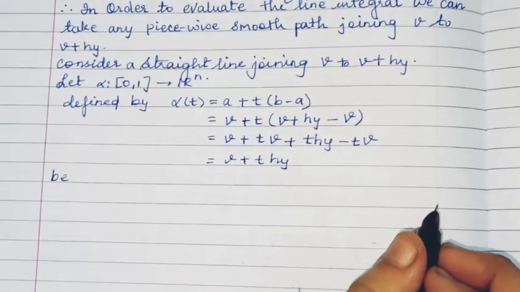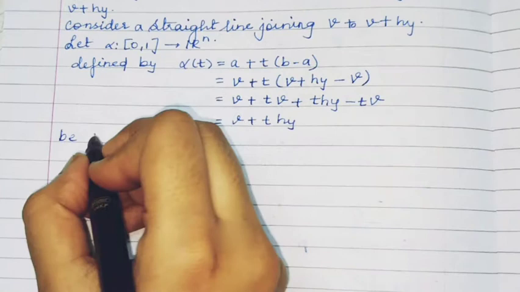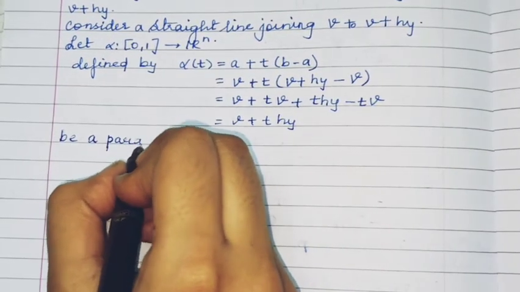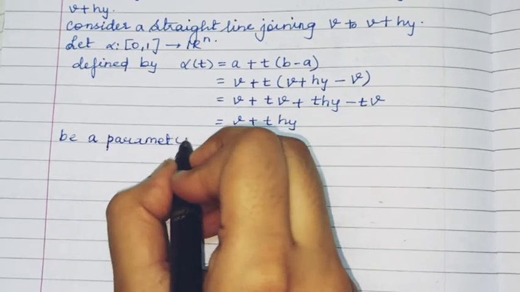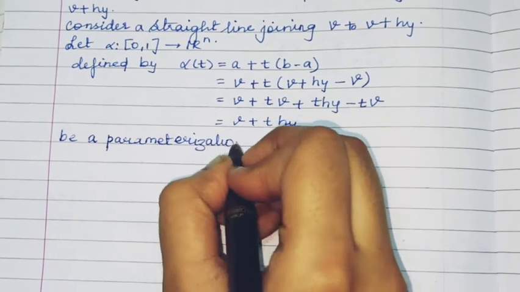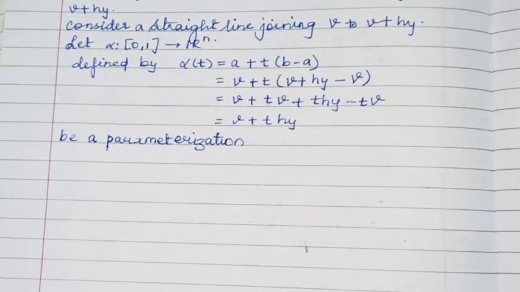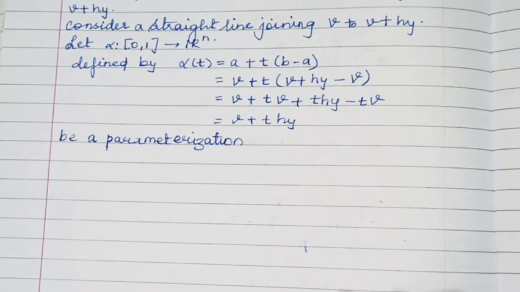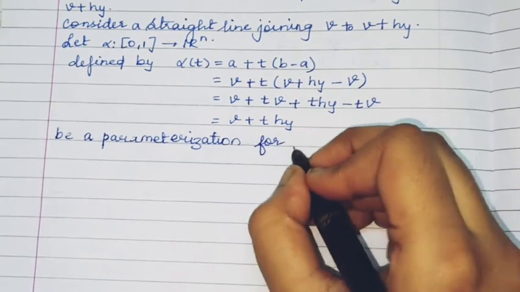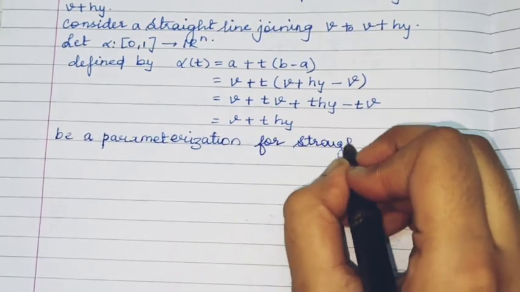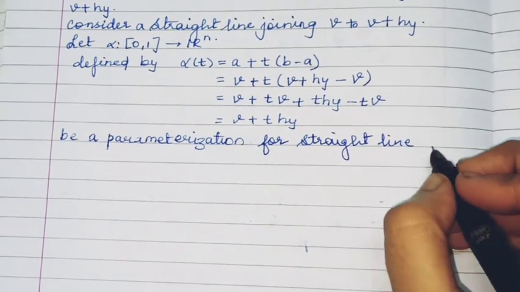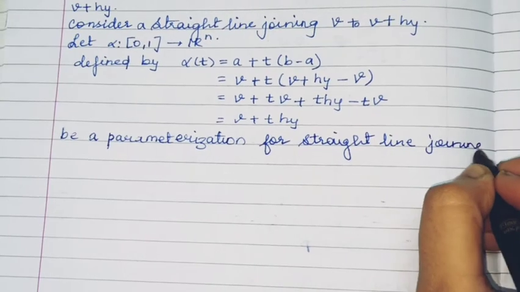Now what is this? This is the parameterization for the straight line joining v to v plus hy, because we have considered the smooth path as a straight line.